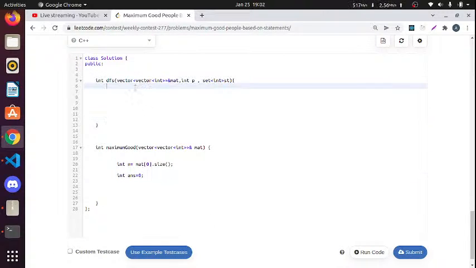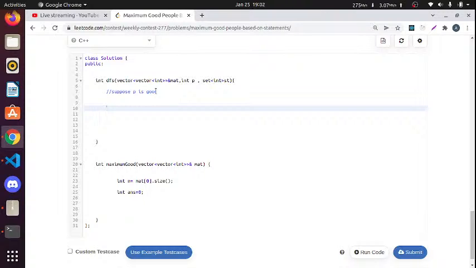Okay. So suppose we have got the person, we have the set, we have the answer matrix, right? Yeah. So suppose P is good, right? Then what will we do? Or suppose it is false, then what will we do?